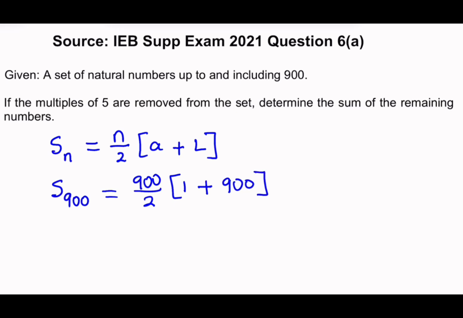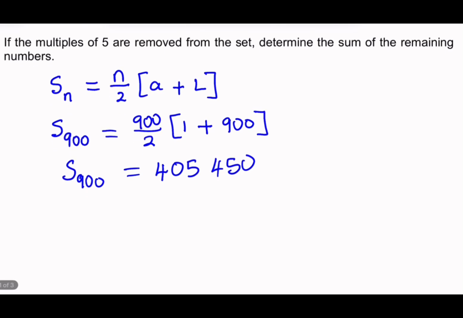This should give us the sum of all the numbers from 1 to 900. And if we type this up in a calculator, we would end up with 405,450. So that's the sum of the first 900 natural numbers.